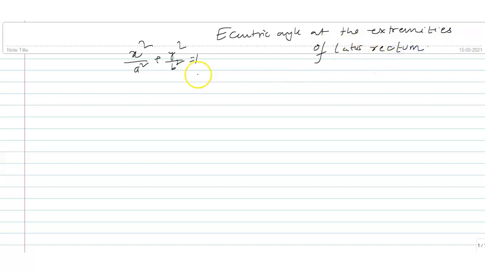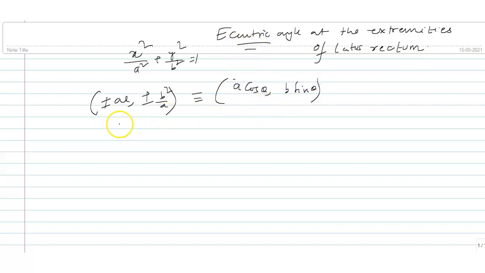Then you know that the coordinates of the latus rectum extremities are (±ae, ±b²/a). This can be written for the eccentric angle in the parametric form, that is, a cos theta, b sin theta. That means you can write a cos theta = ae, and ±b²/a = b sin theta.